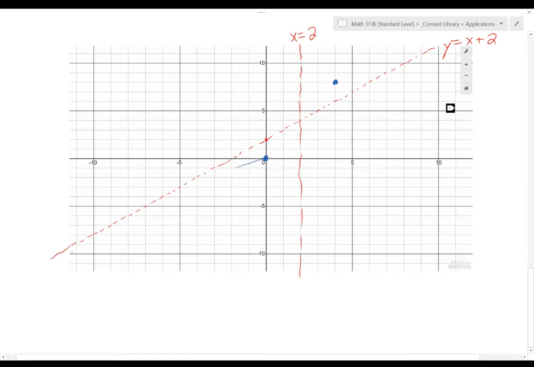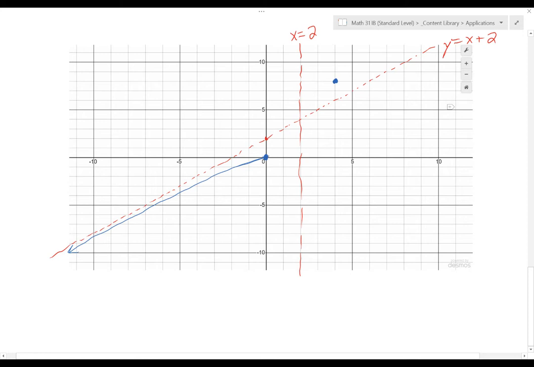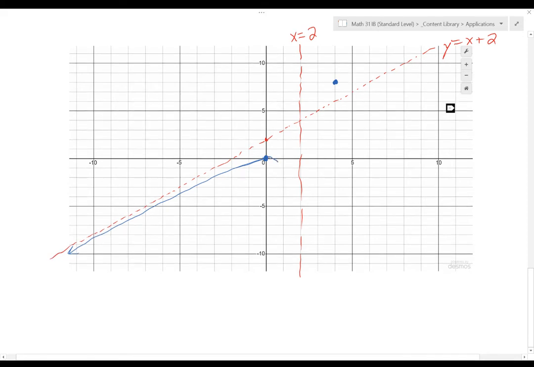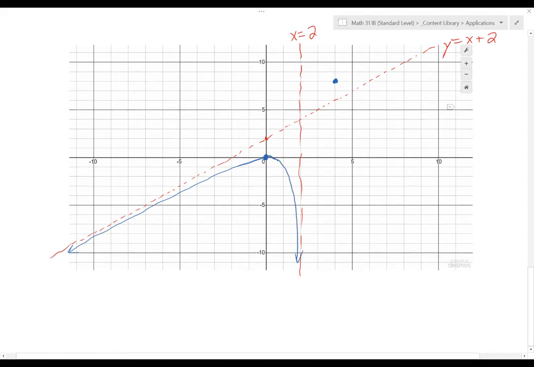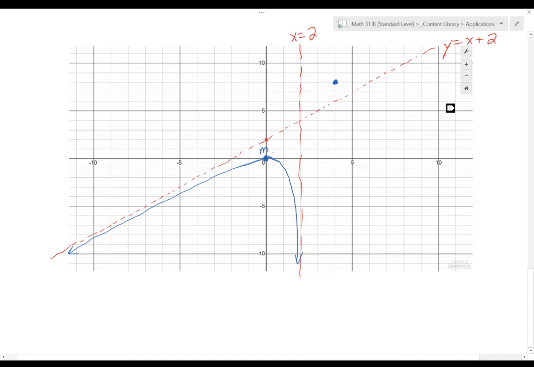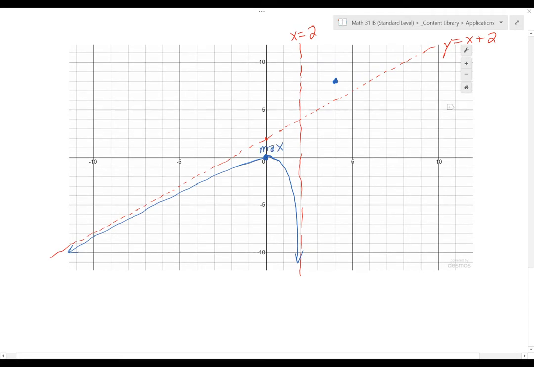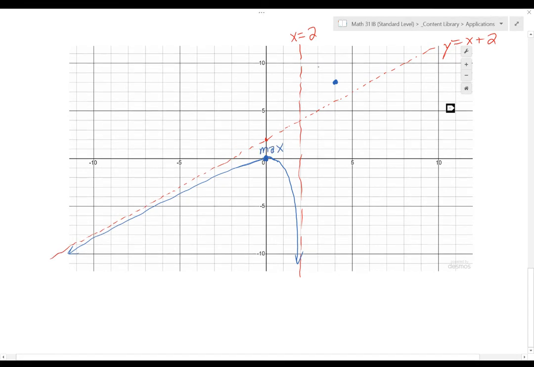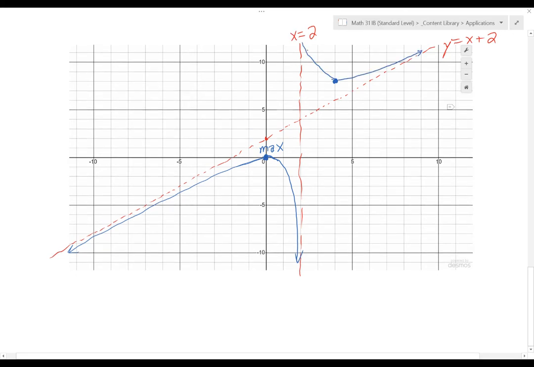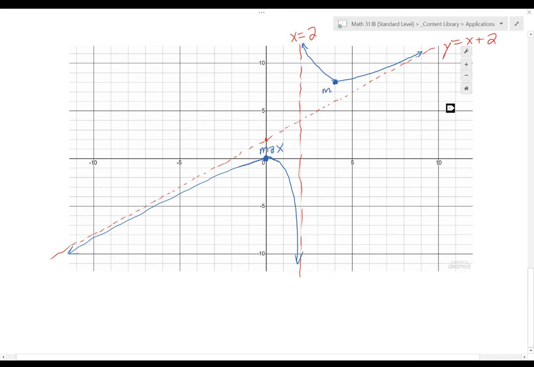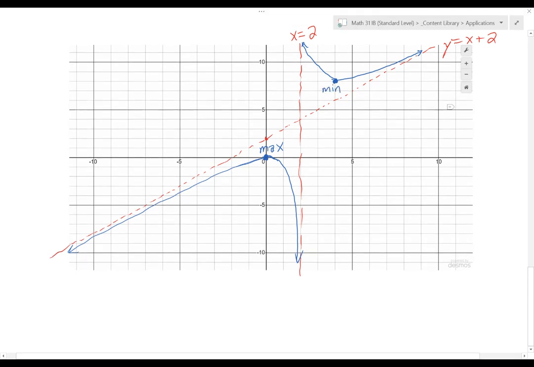That is a function that is increasing and still approaching that asymptote. It's decreasing after 0. So this right here I'm going to label as a max. And it was decreasing between 2 and 4, and then increasing after 4, and approaching those asymptotes, and this is a minimum point. So there's my sketch, with all of the key characteristics labeled.